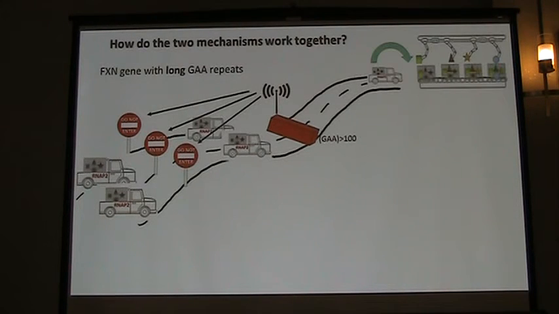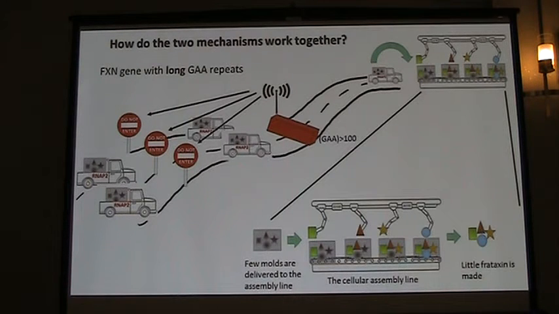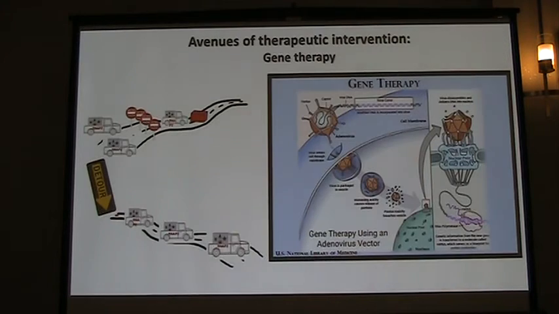So as I said before, very few trucks can get to the end of the road, few molds are made, and little frataxin is made.